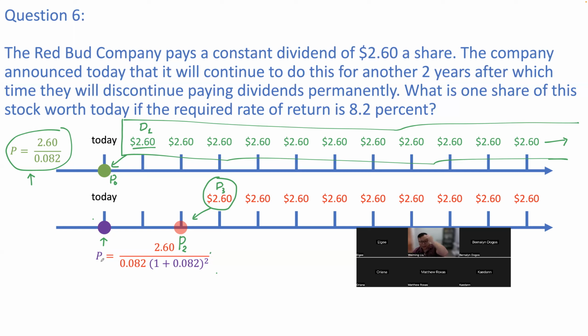The reason the difference is that there are 2 missing. So what if I use green P minus purple P? What is going to happen?